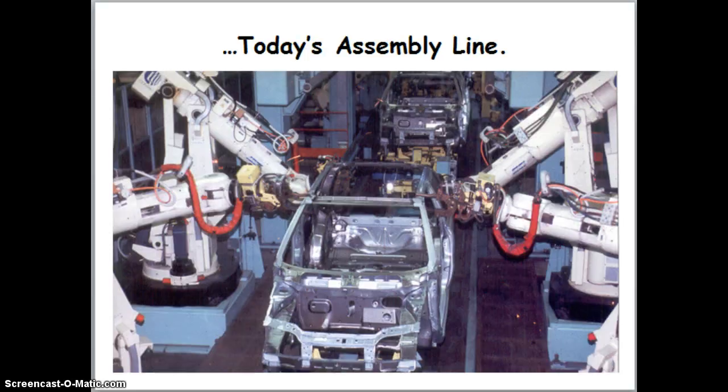Today, our assembly line looks more like this, where everything is done by robots and machines. Machines don't need breaks. They don't need lunch breaks. There's not as much human error. You also need less people. Now, this also affects our employment, because with more machines doing this kind of manual labor, there's less human resources that are required.